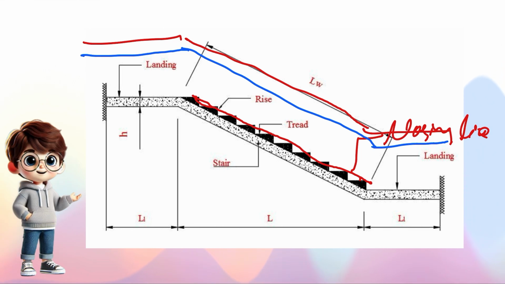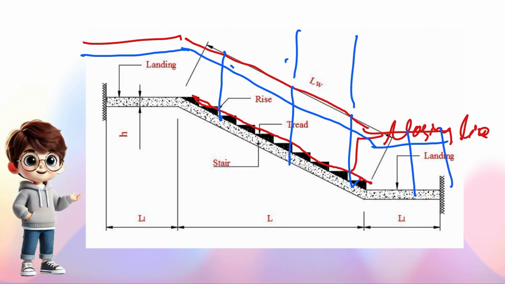And then to support this handrail there will be rail posts. The maximum center to center distance of these rail posts is 4 feet.